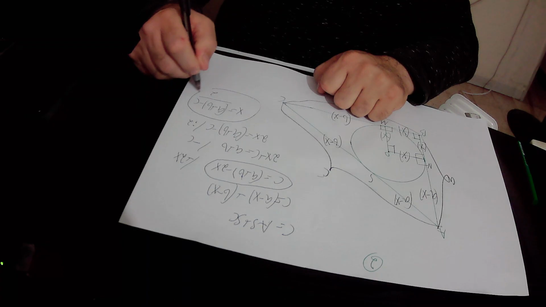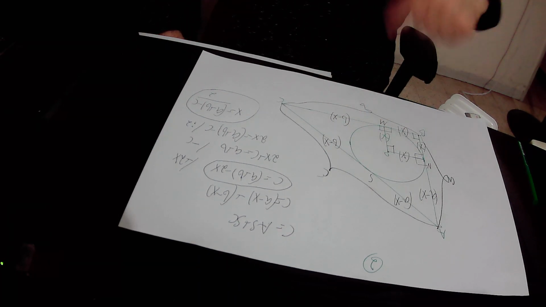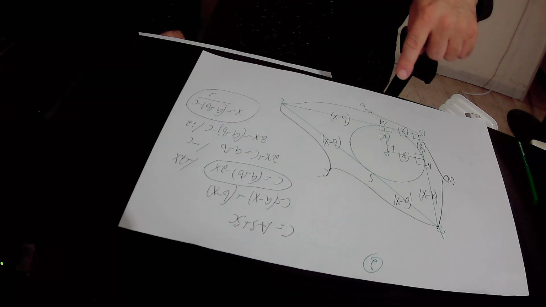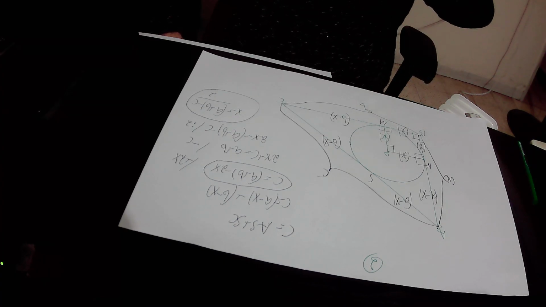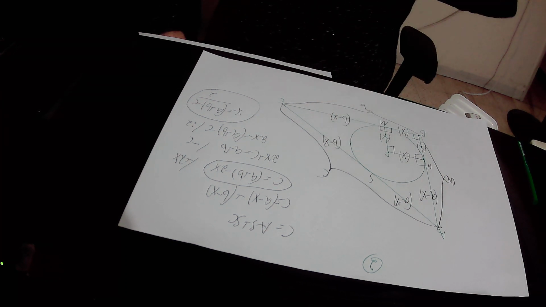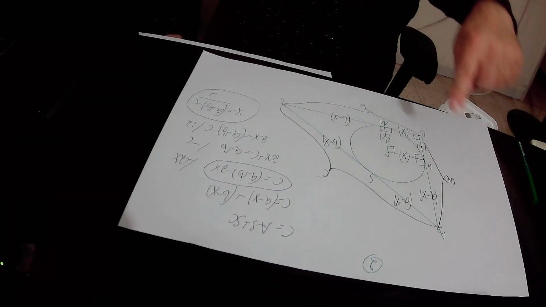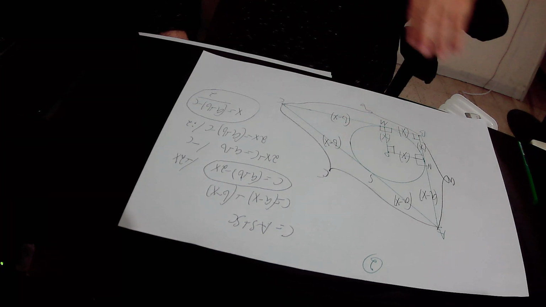So here we found the general formula for the radius of any circle that is blocked by a right triangle. So the radius X of this circle is equal to A plus B minus C over 2.